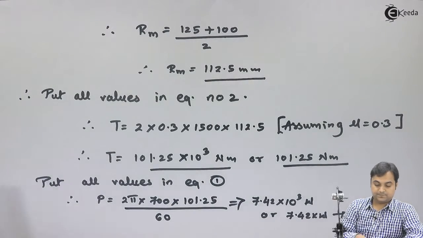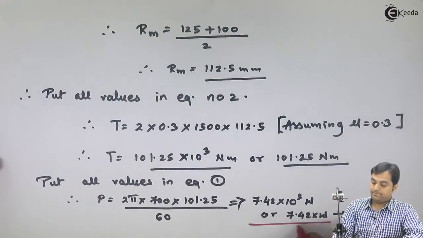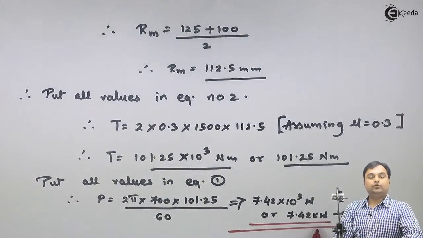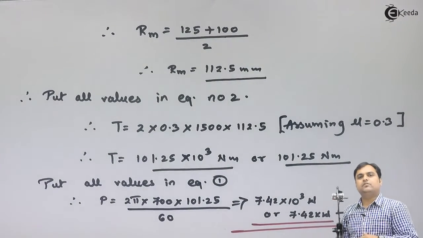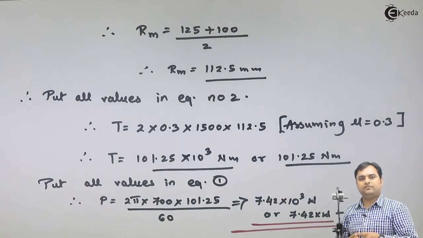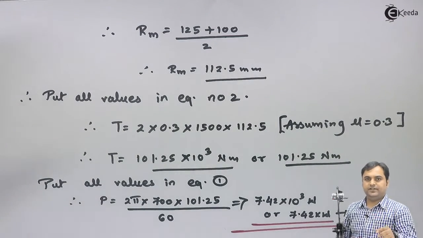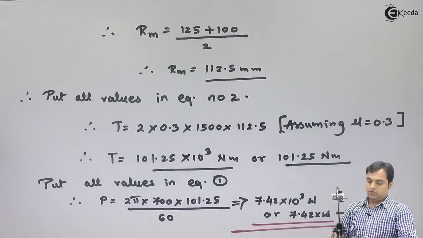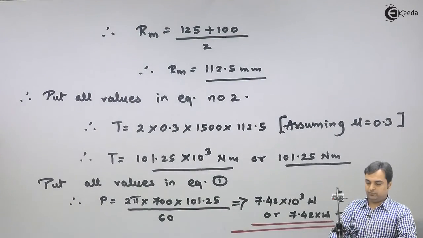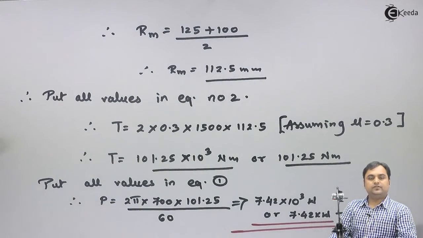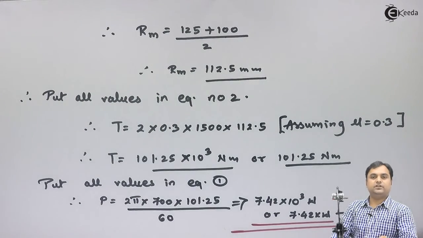That is the answer. So 7.42 kilowatts is the power which is transmitted by the clutch, and this power will be transmitted from the engine shaft to the gearbox. That is the shaft at the gearbox, it is called as a clutch shaft. So the clutch which we have here, it is capable of transmitting 7.42 kilowatts of power, and that was asked in the question. With this, we complete the question.